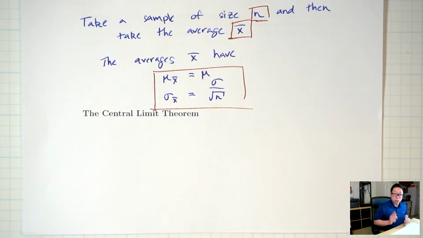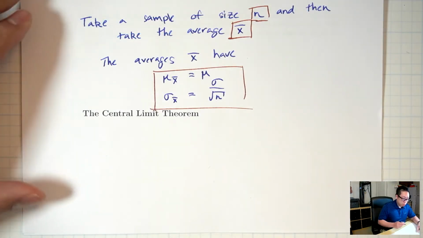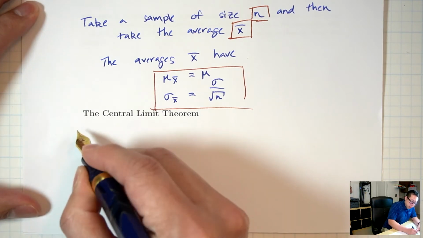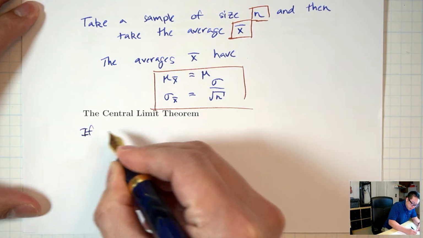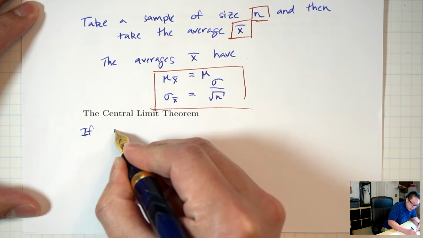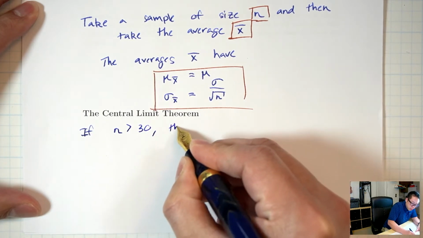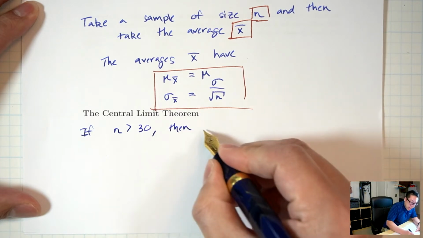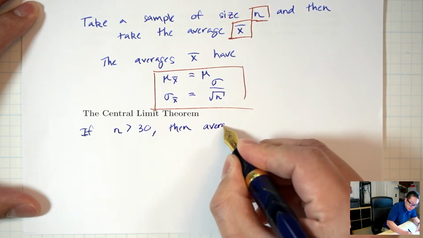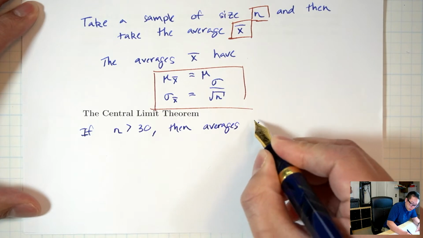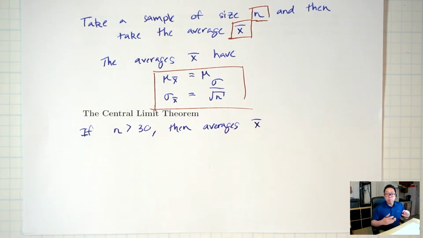Let's write down what we just saw. So what we just saw was, if you pick a sample size big enough, and big enough is going to mean a sample size that's bigger than 30, then the averages, x bar, right? This is referring to the bottom picture.